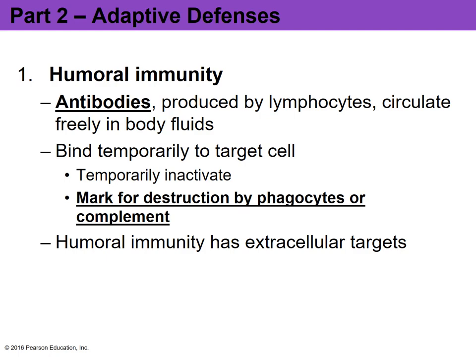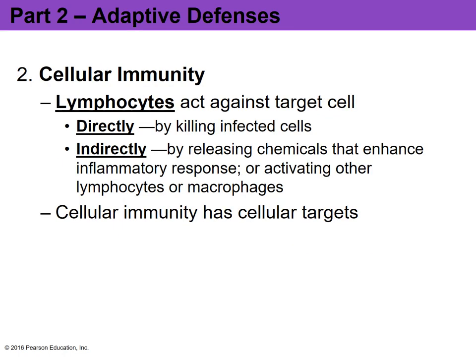When the antibody binds to the antigen, it marks it for both complement and phagocytes to destroy it. Humoral immunity has extracellular targets. It's going to involve the B cells. Cellular immunity is going to involve the T cells.